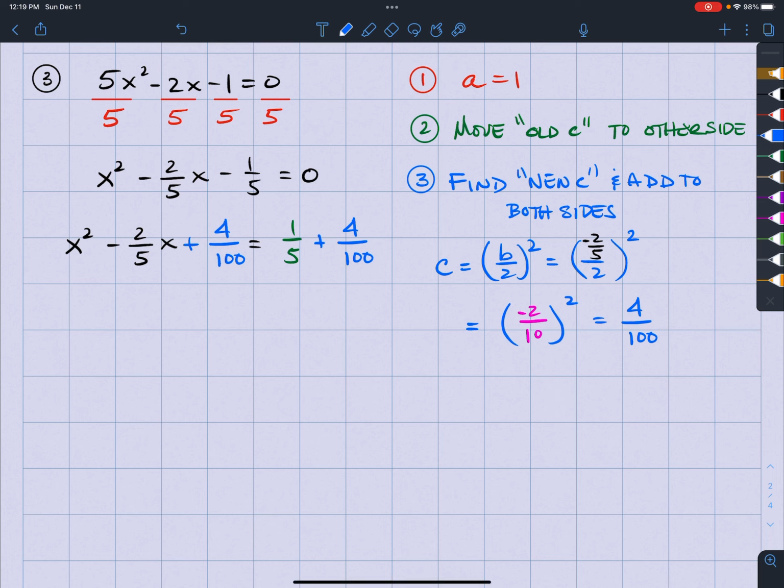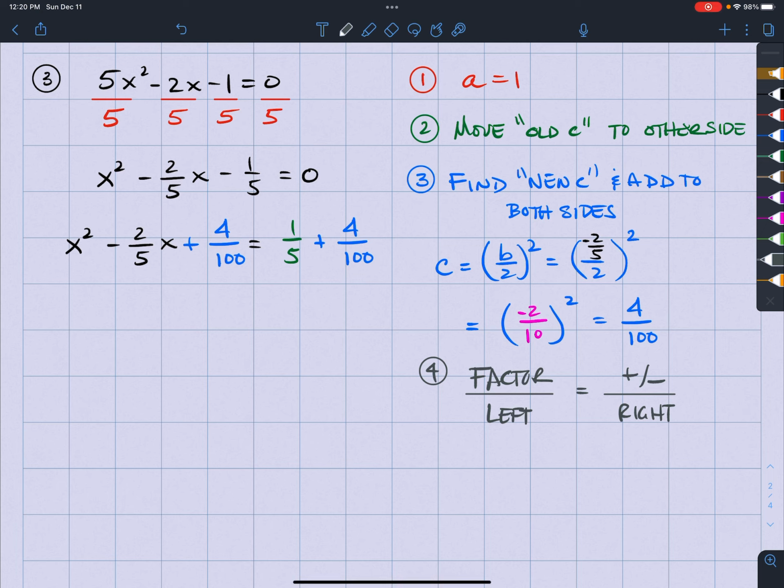And step 5, how about step 4? Let's do step 4 before we do step 5. We're going to factor the left side while we add or subtract the right side.